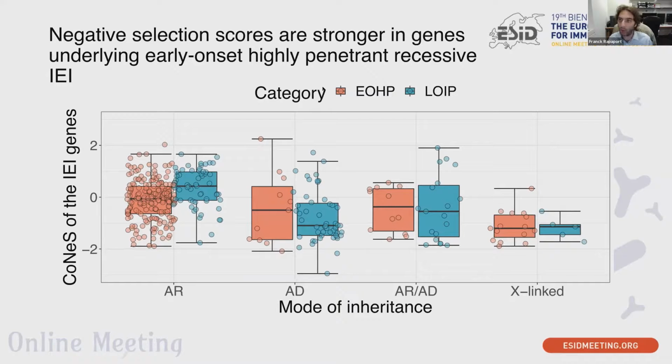But we see a very strong impact on recessive genes, on genes that underlie recessive disease. To the point that even though the genes that underlie recessive disease as a group are not under more selection than random autosomal genes, the ones that underlie early onset, highly penetrant disease are under significantly more selection than random genes, with a p-value on the order of 10 to the minus 3.